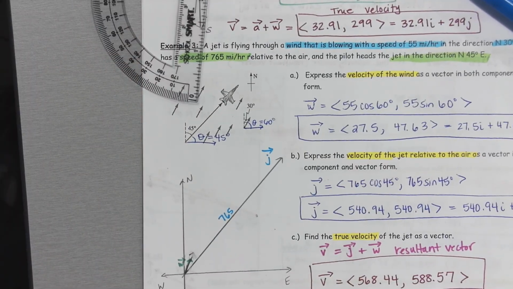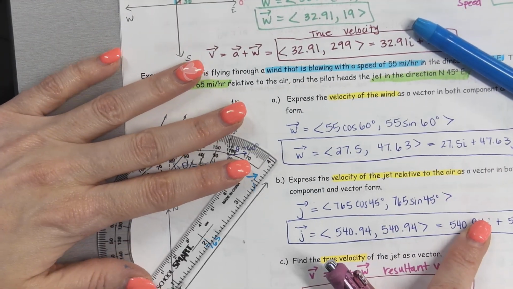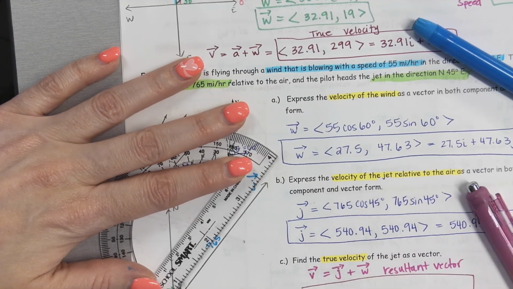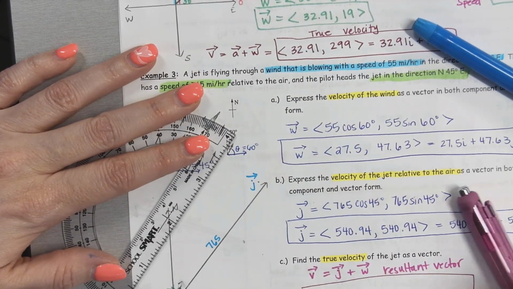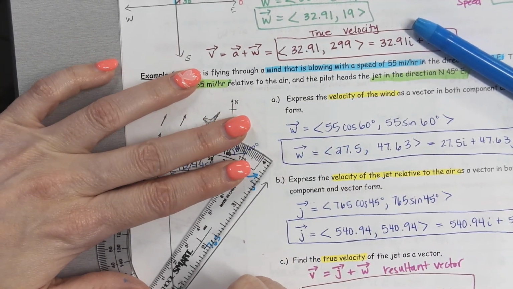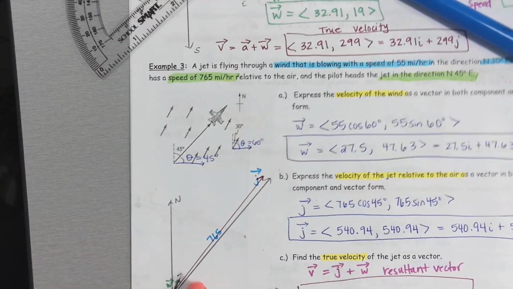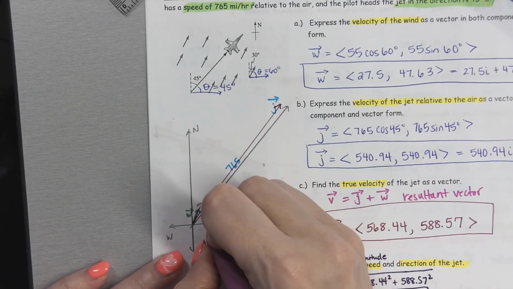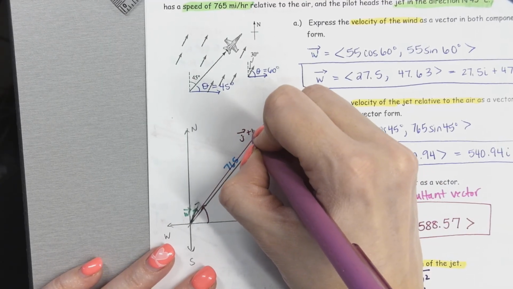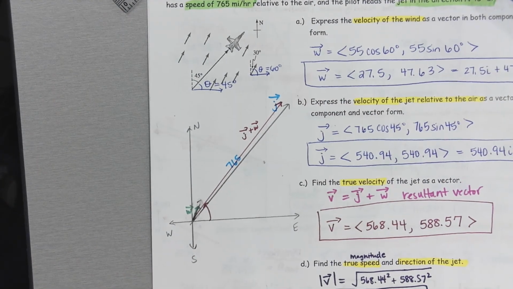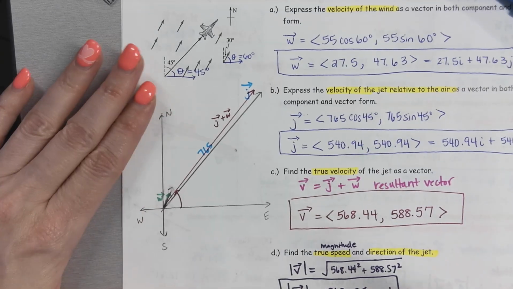All right, and then when you are writing where that resultant vector should go, you can use this as your parallelogram. If you don't want to do the dashes, you can kind of see where the point's going to go for the diagonal, and you can just draw it to that point. So this visual is helpful because now you can see that your theta value for the jet plus the wind should be larger than 45, but it should be less than 60 based on our picture here.